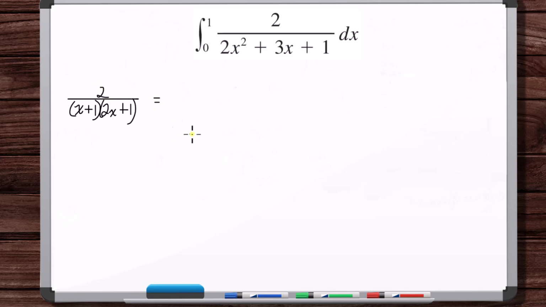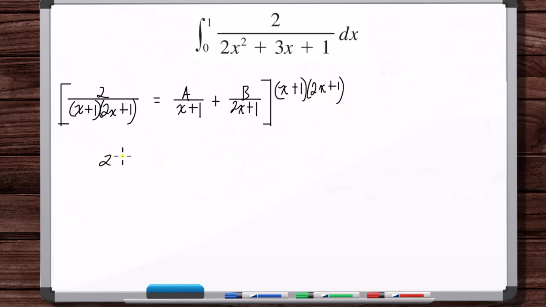Okay, so now let's write the form of the decomposition. We have two linear factors, both to the first power. So this is the full form of the decomposition. Now let's clear the fractions.